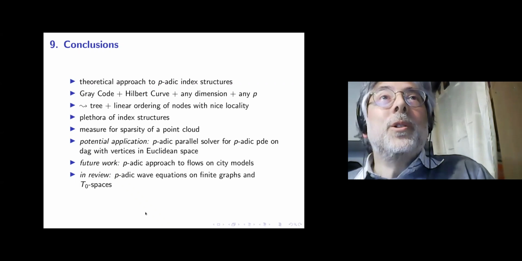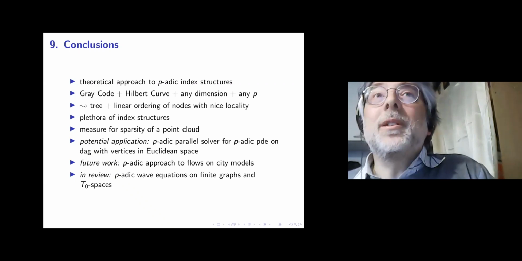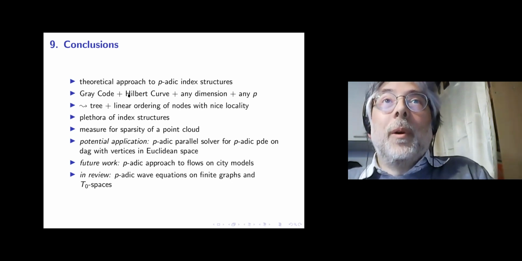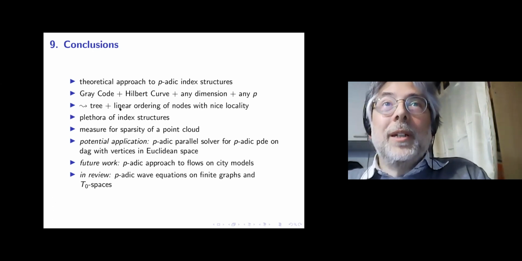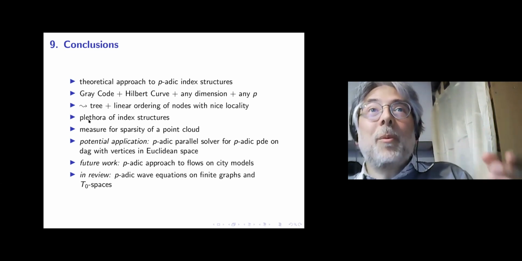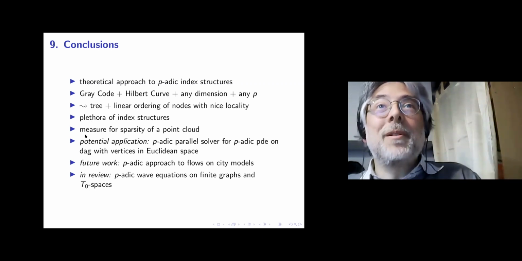And in conclusion, we have a theoretical approach to p-Adic index structures. We have a Gray code which gives rise to a higher dimensional Hilbert curve for any p. We get a tree, and a linear ordering of nodes with nice locality properties, and we have lots of index structures which you can construct with this method.